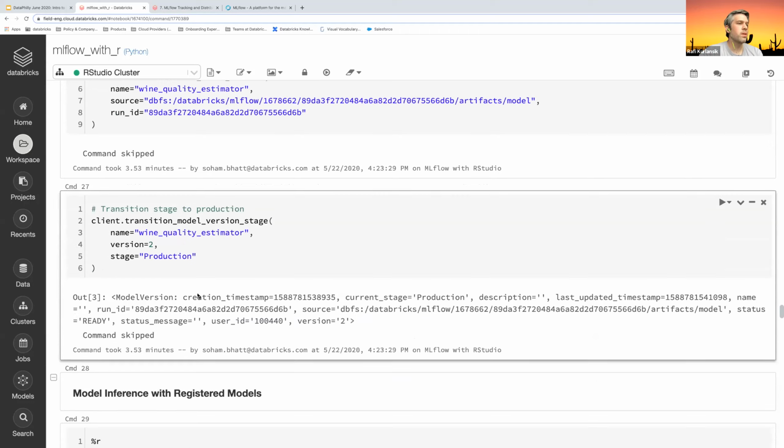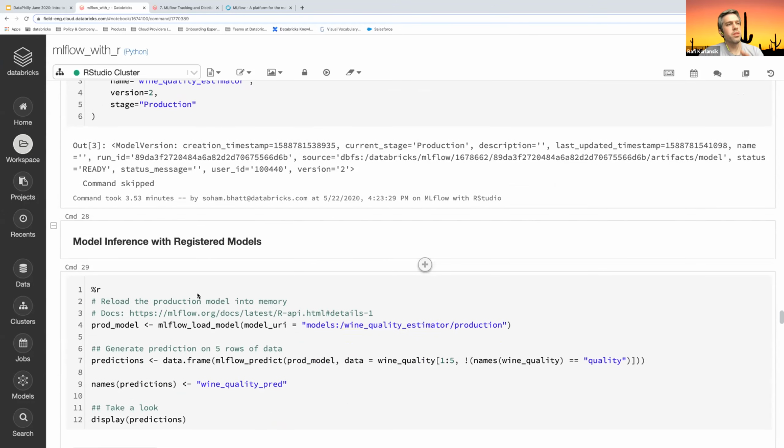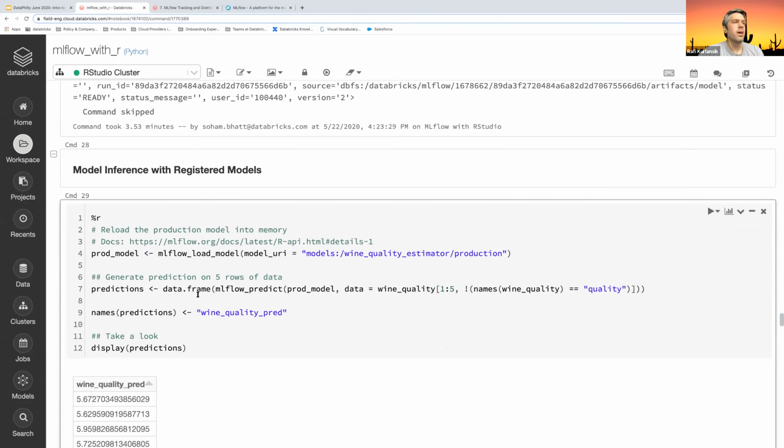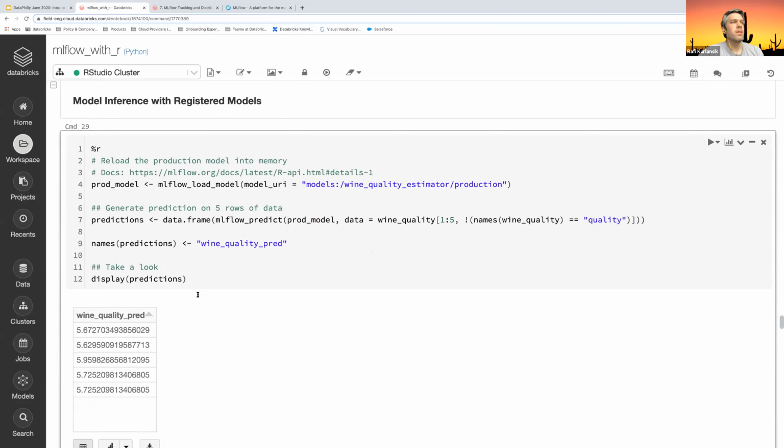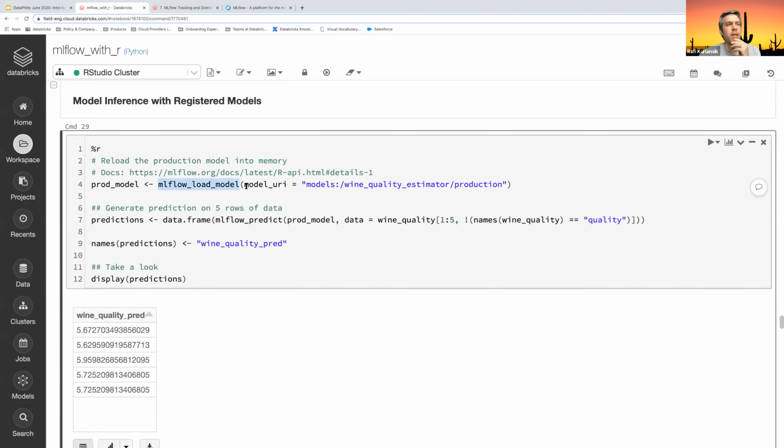So I'll show you the model registry UI in just a moment, but let's say you need to access these models in the model registry and score data with them. Similarly, you can use MLflow load model, but this time there's a very nice feature in my opinion where the URI is human readable, and this will stay stable.